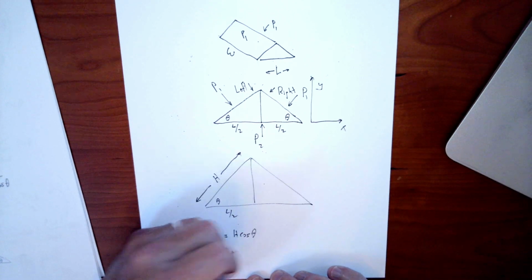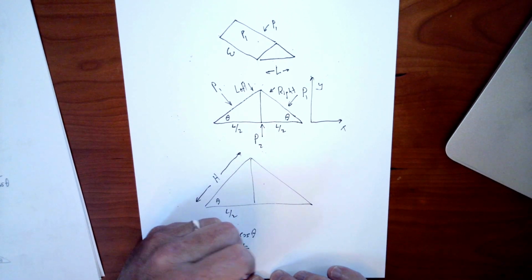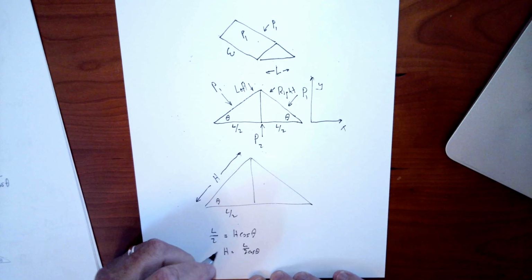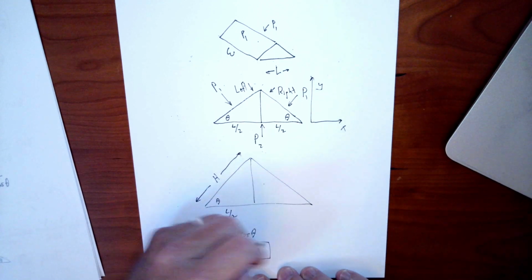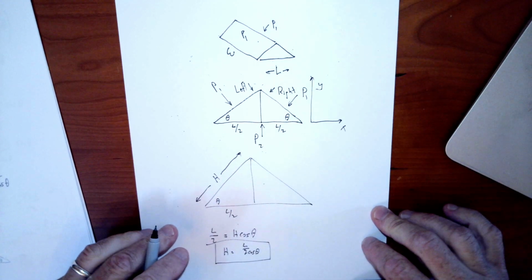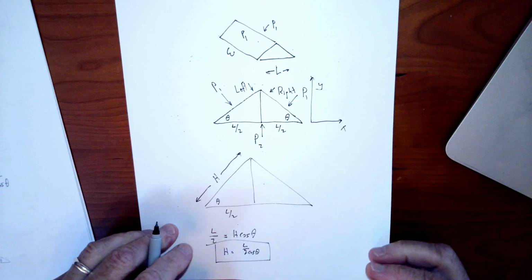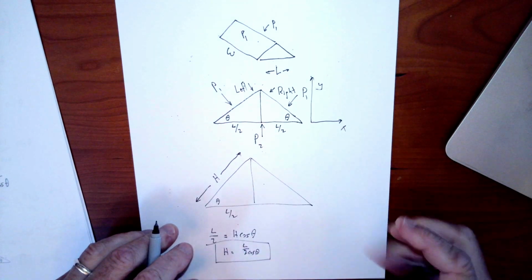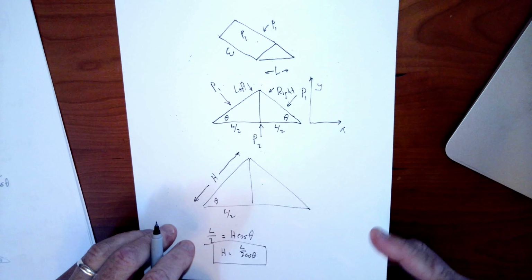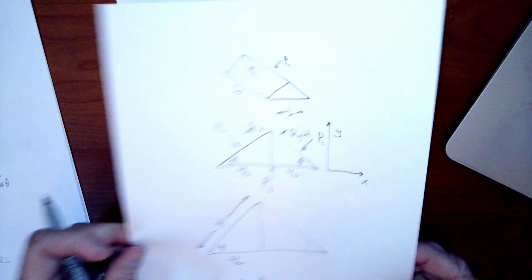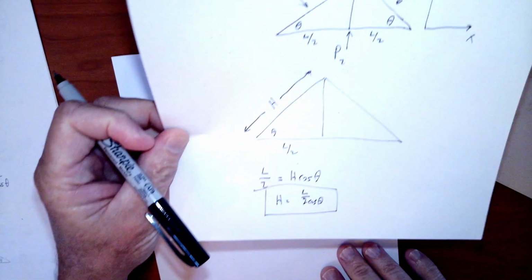So H is equal to L over 2 cosine theta. So that's important. H is longer than L over 2, because it's the hypotenuse, right? So it's going to be longer. So that's our H.